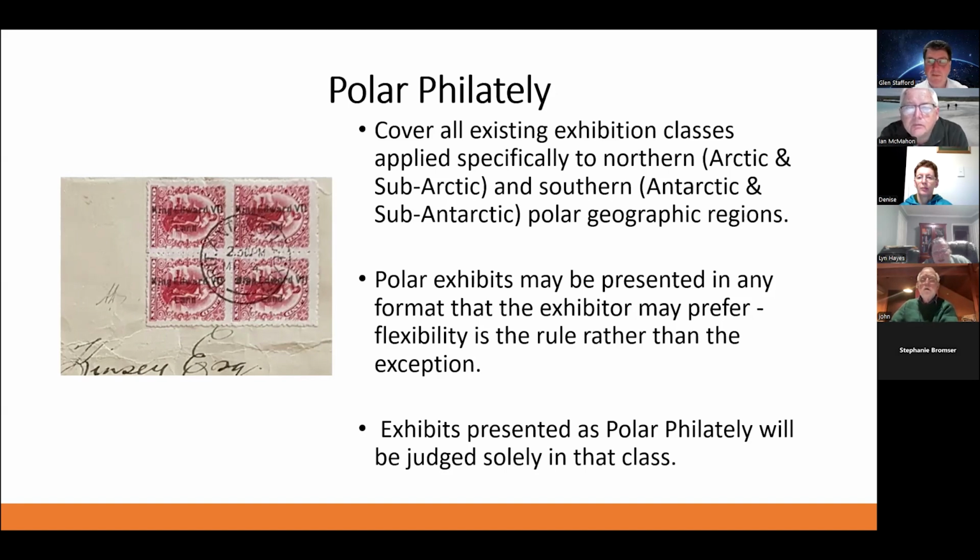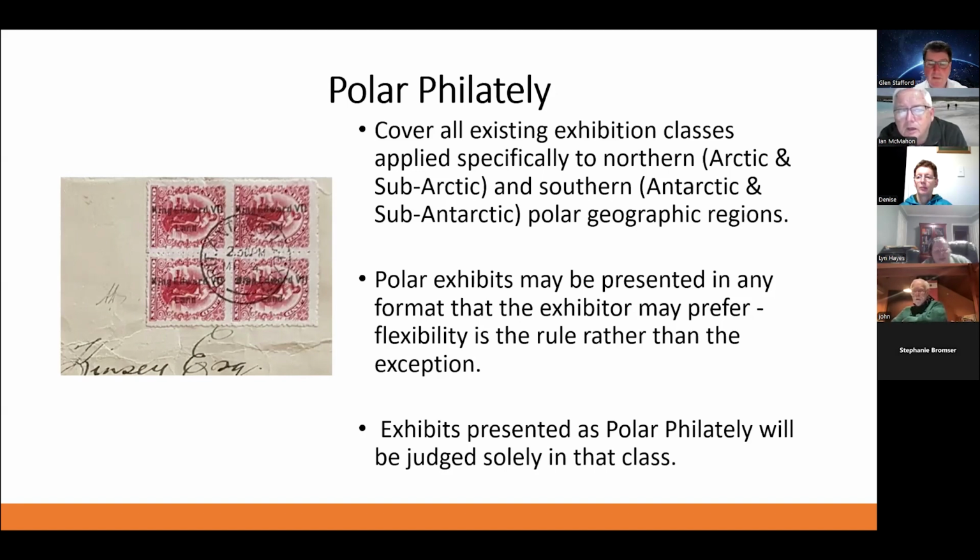The main point about polar philately is, as the name implies, it's material that relates to the Arctic and Antarctic, including the subarctic and subantarctic areas. By that's meant subantarctic islands like Macquarie Island and the Chatham Islands and various other islands around New Zealand and South Georgia, for example, over in the Falklands, and similarly other islands. So they're regarded as the subantarctic.